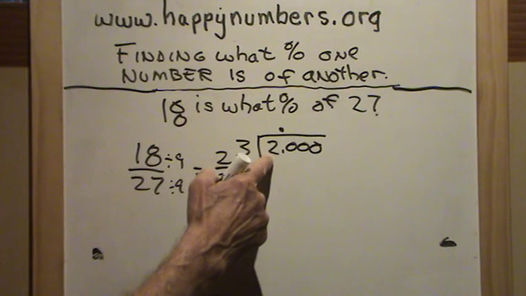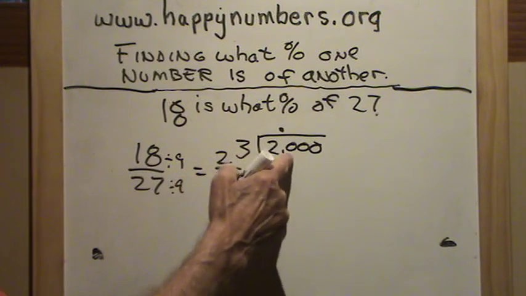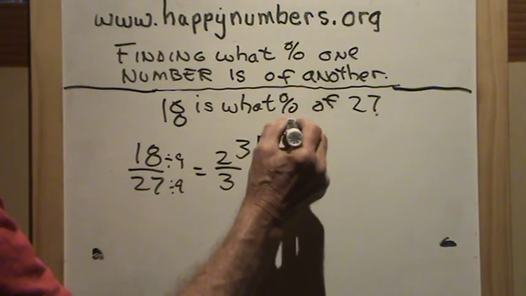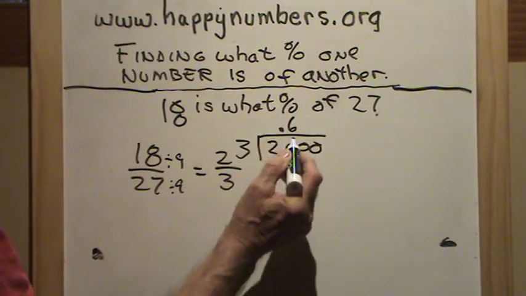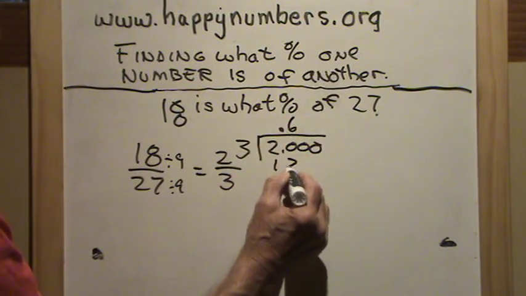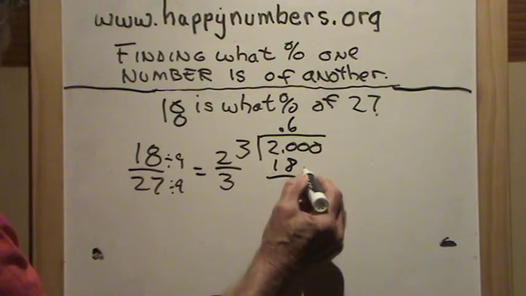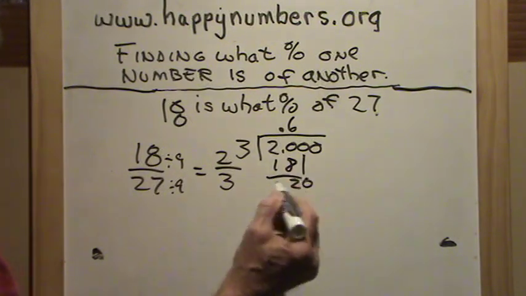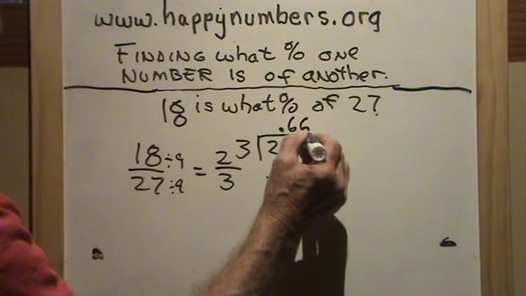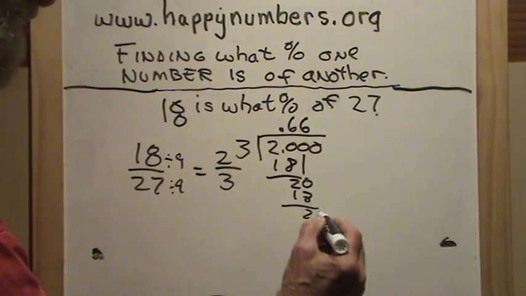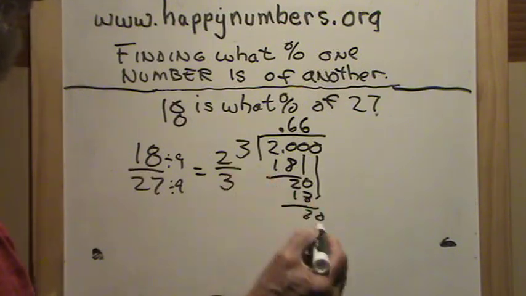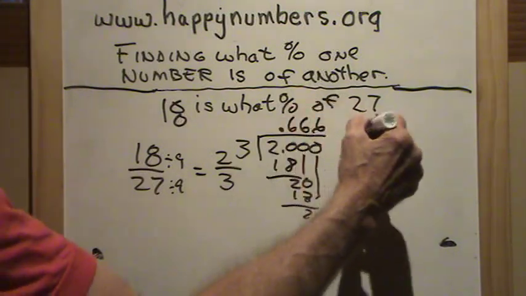3 does not go into 2, but 3 can go into 20, let's see, 6 times. 6 times 3 is 18, and we get 2, and we bring down a 0. 3 goes into 20 6 times. 6 times 3 is 18. We get 2, bring down a 0. 3 goes into 20 6 times, and it would just go on and on.